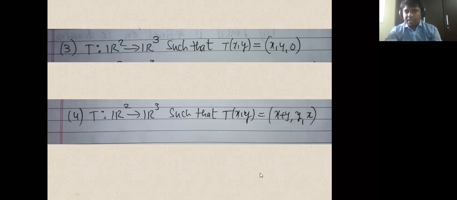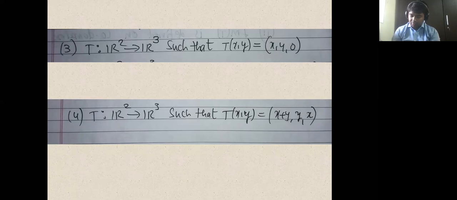X plus y and x. So we have to find out the image of this linear transformation. Image of linear transformation, definition. Fourth exercise: T of (x, y) equal to (x plus y, x). So the image of the linear transformation is the set of T of x such that x belongs to R2.